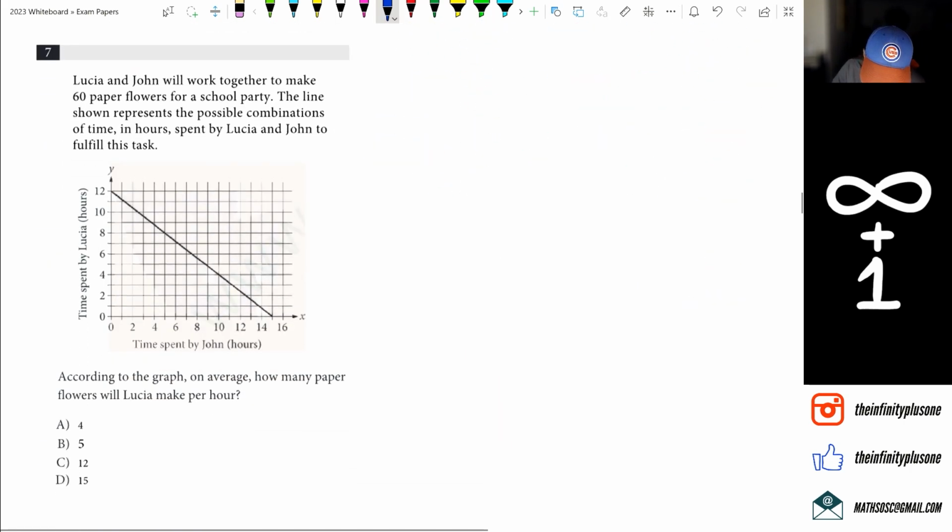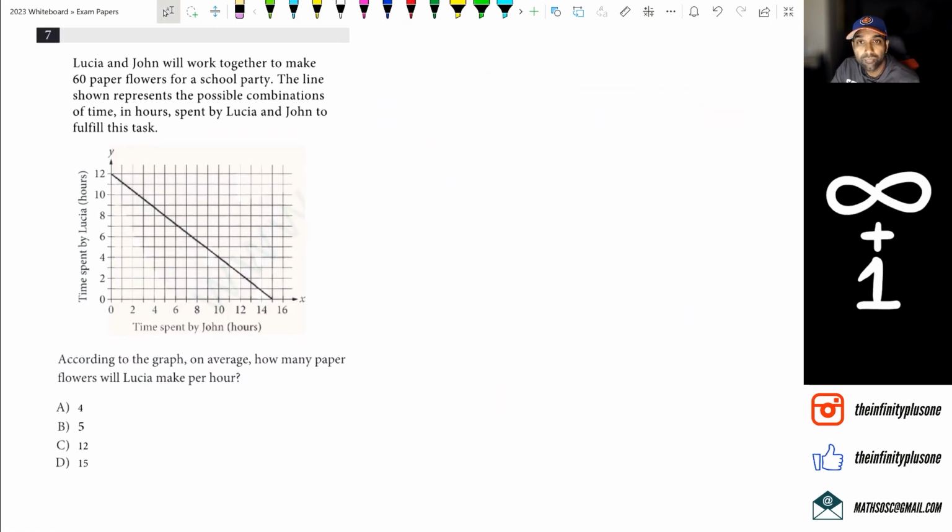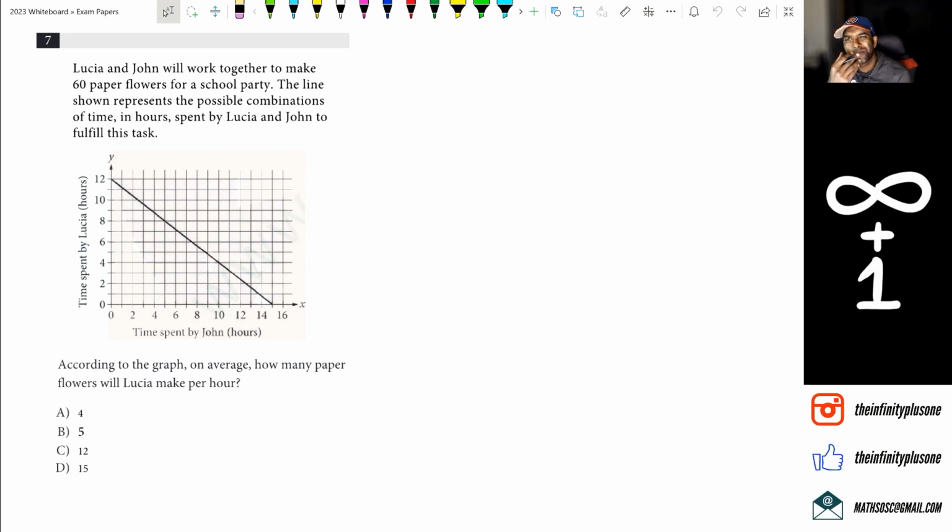All right, question 7. With this question, we've got a couple of people making paper flowers. According to the graph, on average, how many paper flowers will Lucia make per hour?